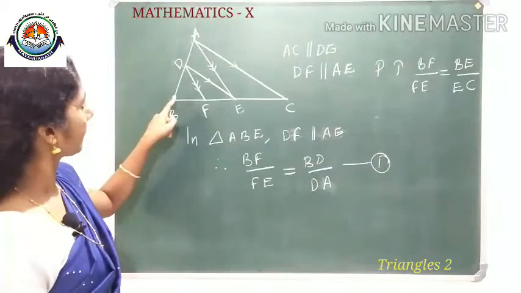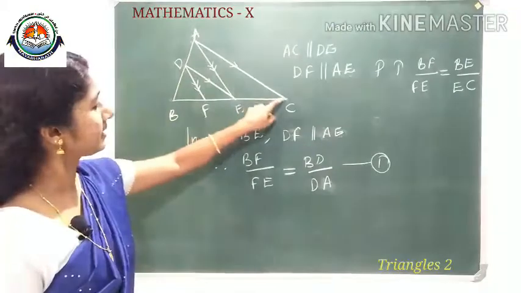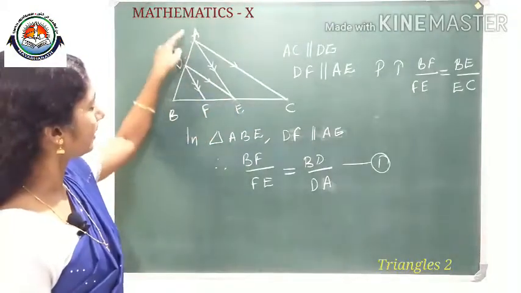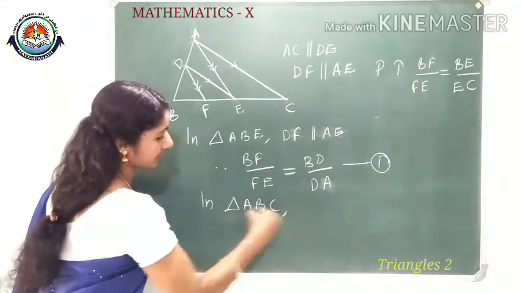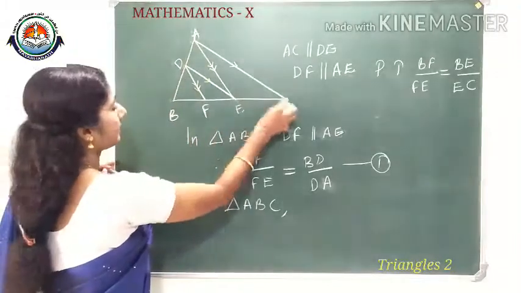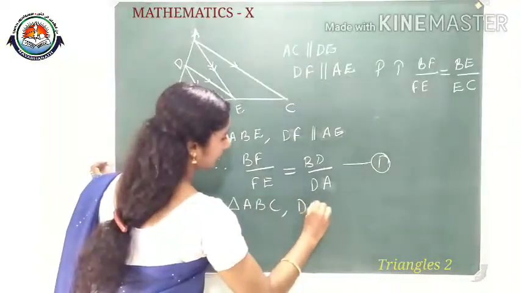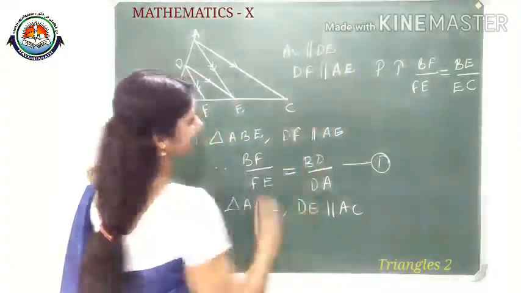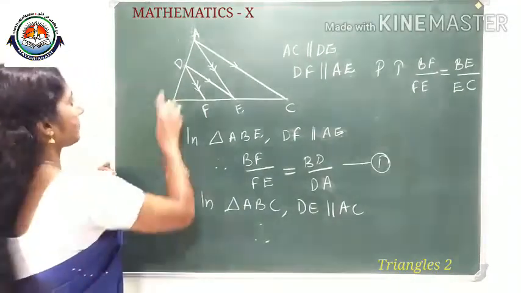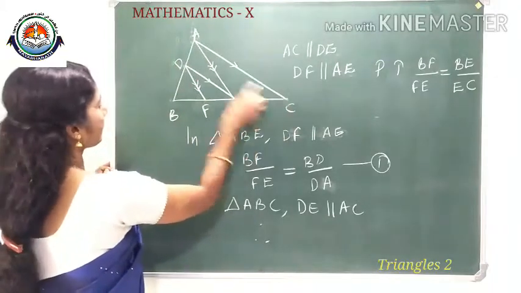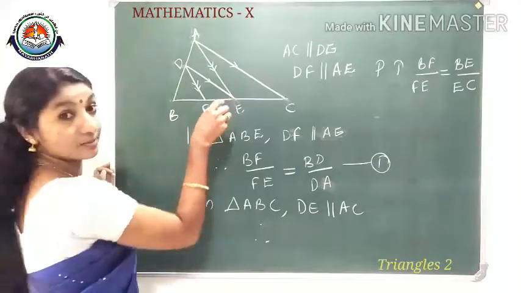See the triangle. Here AC is parallel to DE. So I am going to take the triangle ABC next. So in triangle ABC, DE is parallel to AC, given. Therefore, by the basic proportionality theorem, what can we write? See the triangle ABC once more. We took the DE parallel line.